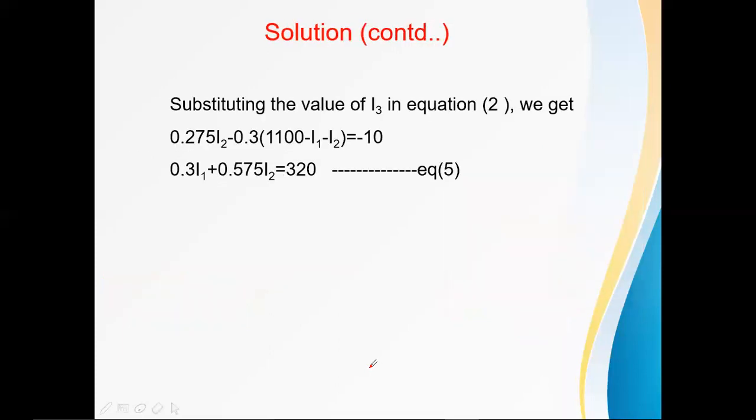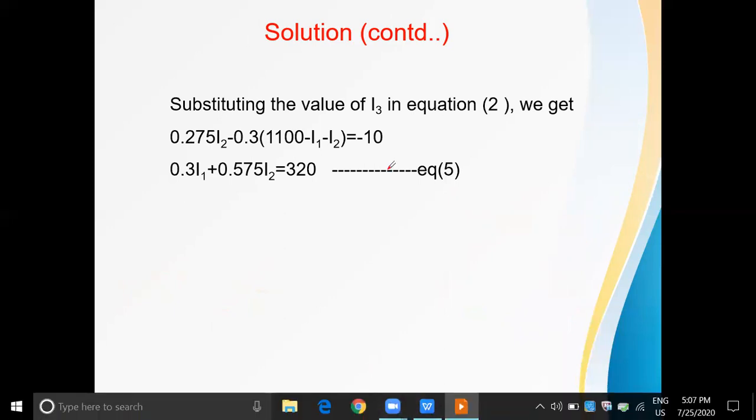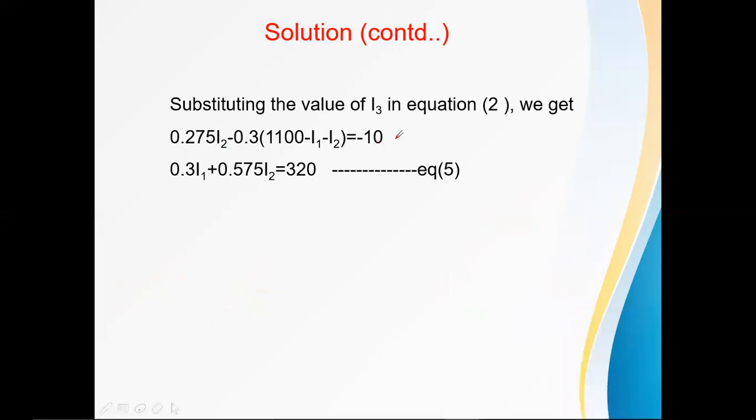Earlier, equation 2 had the I3 parameter. Now the I3 parameter is going to vanish in terms of I1 and I2. This is equation 2 itself, but you are substituting I3 into equation 2. Then equation 2 is modified like this, and it is equation 5.